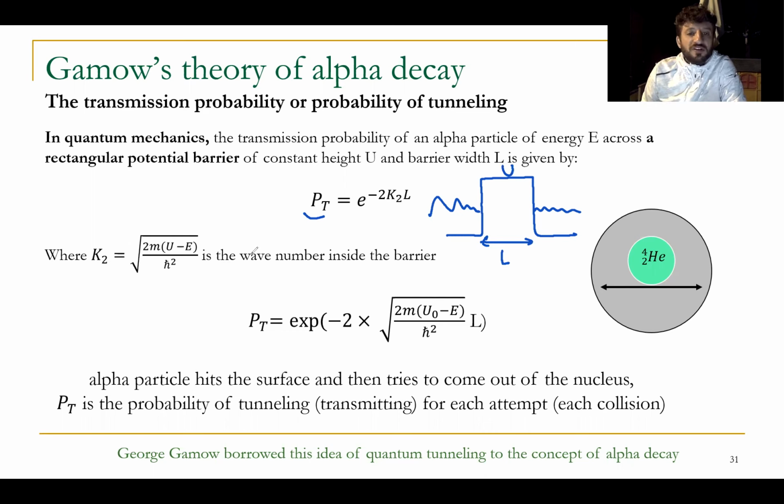You know k2 is the wave number inside the barrier, calculated before, which is equal to radical of 2m (U minus E) divided by h square.